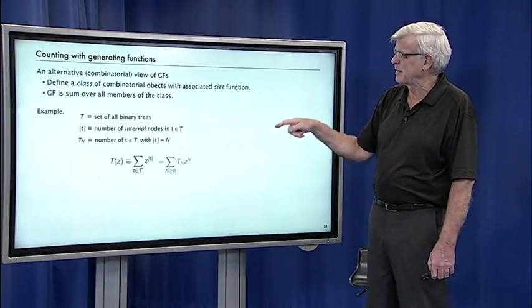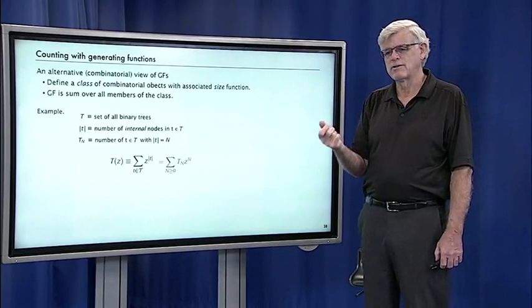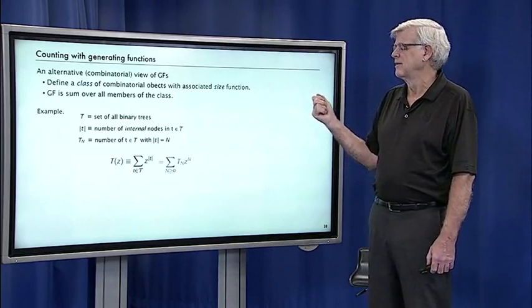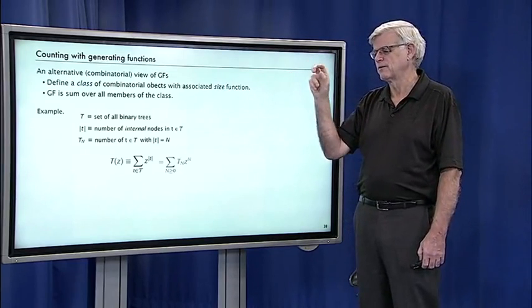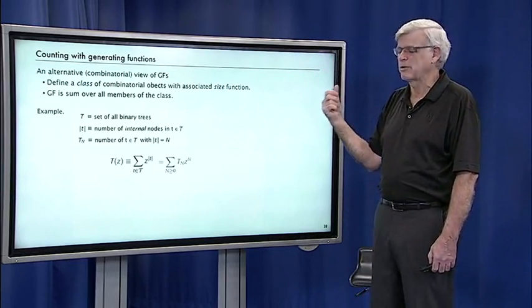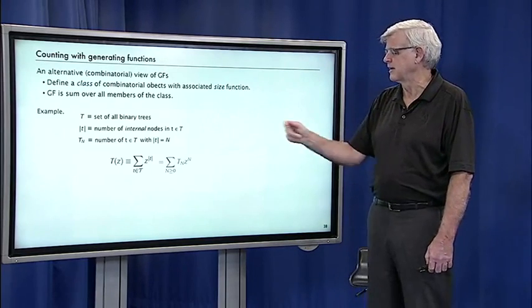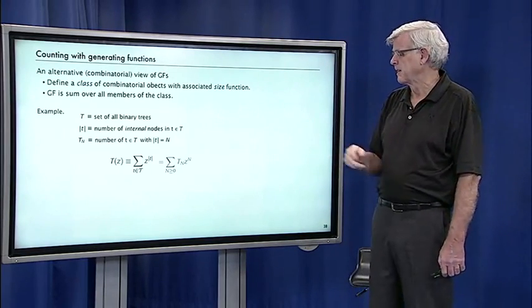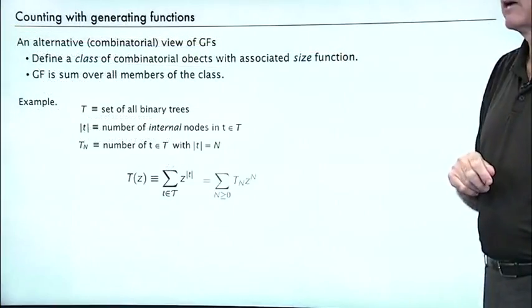So that's a fundamental idea in this equation. We sum over all possible trees, but since it's z to the size of the tree, all the ones of the same size contribute to the coefficient of that size, say n, and give us t sub n. So it's the same generating function looked at a different way.